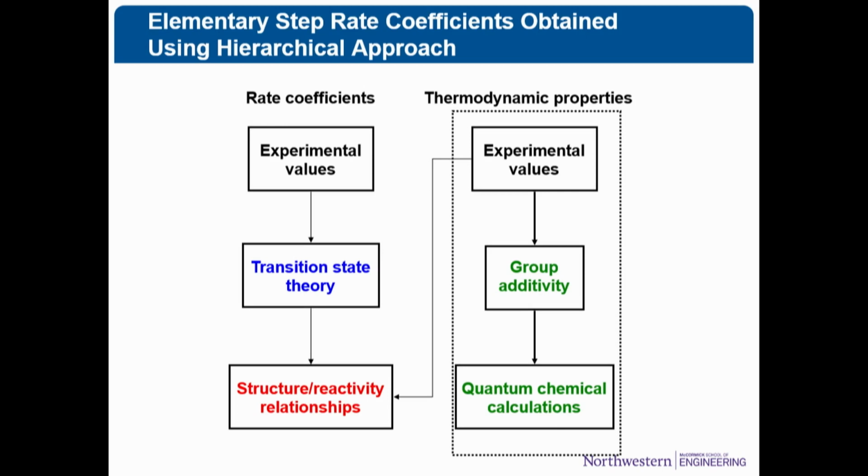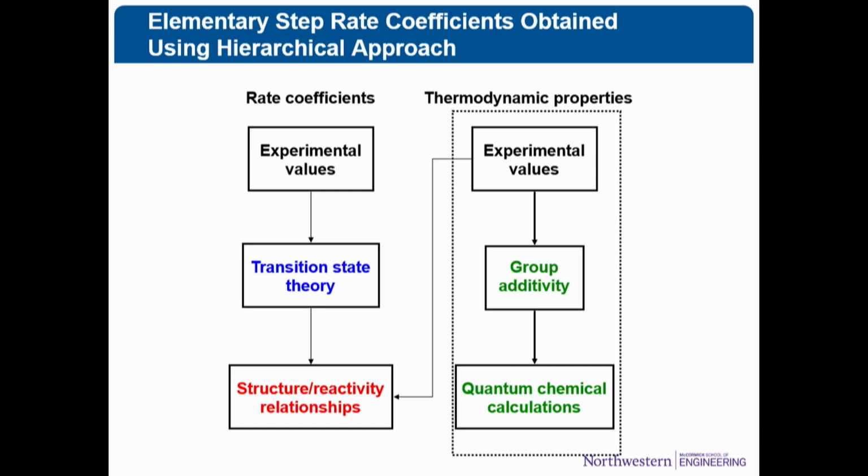So if we're going to have all of these reactions, there are thousands of them, we put together a hierarchical estimation of rate coefficients. If someone's measured an experimental value, we love NIST because they go and often measure individual rate coefficients. We will use those. But usually for all the reactions that are not available, we'll use the methods of transition state theory in order to estimate them computationally.